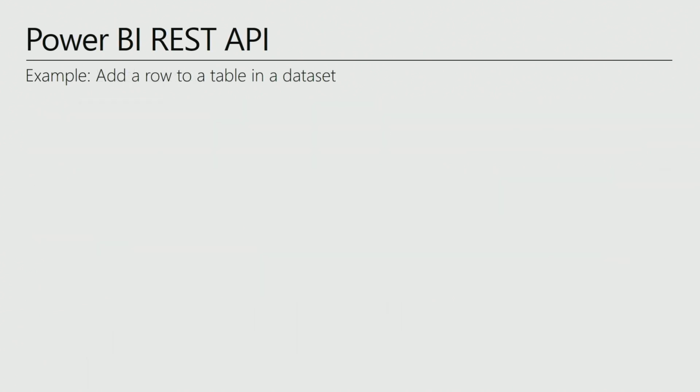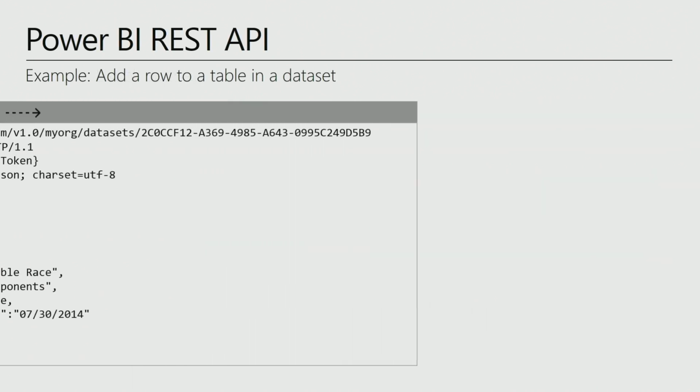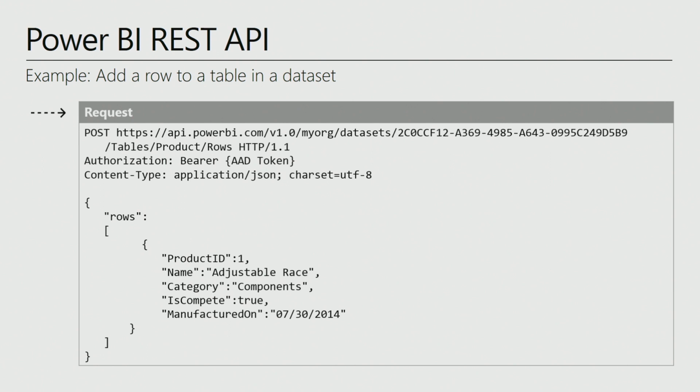A second example then, adding the row to a table. This time we see we've got a post request. See how we go to the data sets and then the ID of the data set. So part of your job as a developer is to look up the identifier so that you can actually do an operation on the table. And then we see we go to the tables of that data set, specifically the product table to its rows.